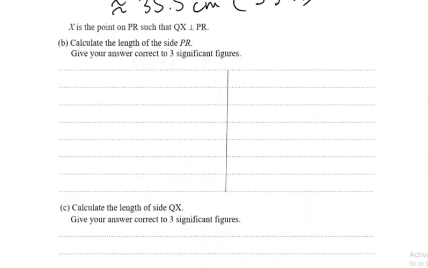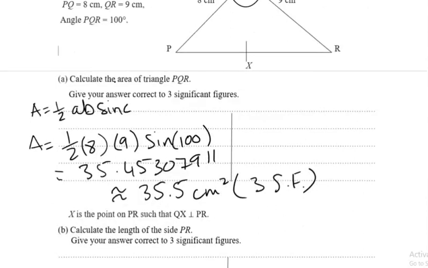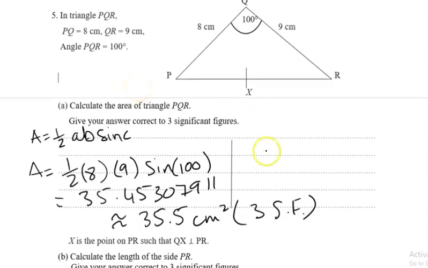X is a point on PR such that QX is perpendicular to PR. Calculate the length of PR. Give your answer correct to 3SF. So here we want to work out the length of PR, this whole line here. Now to do that, what can we do? So we have side, angle, side. So which formula are we going to use?